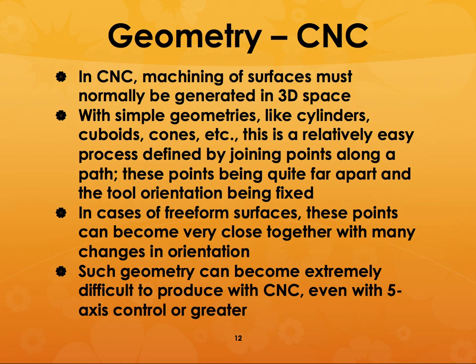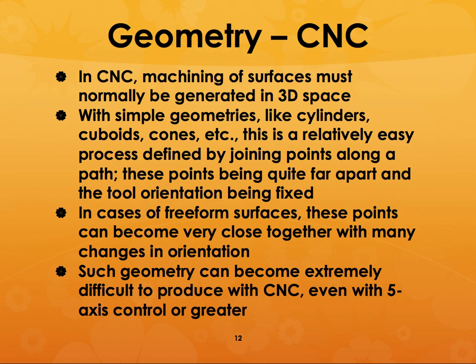In CNC, the main difference is that your surfaces are generated in 3D space, so you can have curvatures and things like that. If you have very simple geometries like cylinders, cones, etc., this is pretty easy.